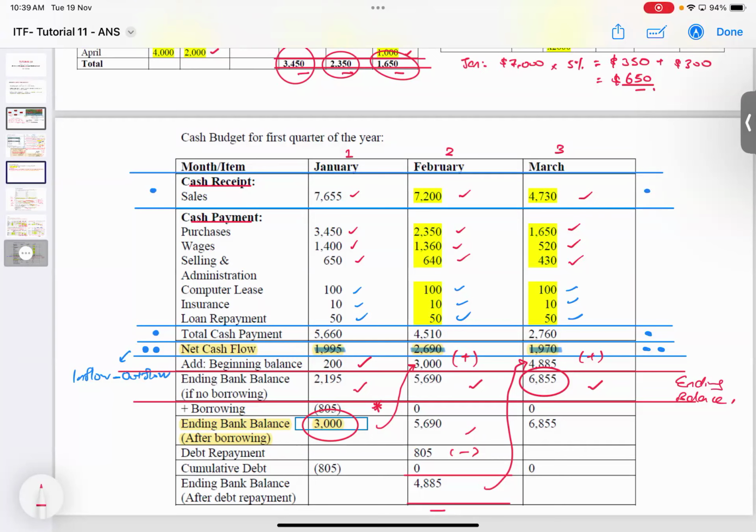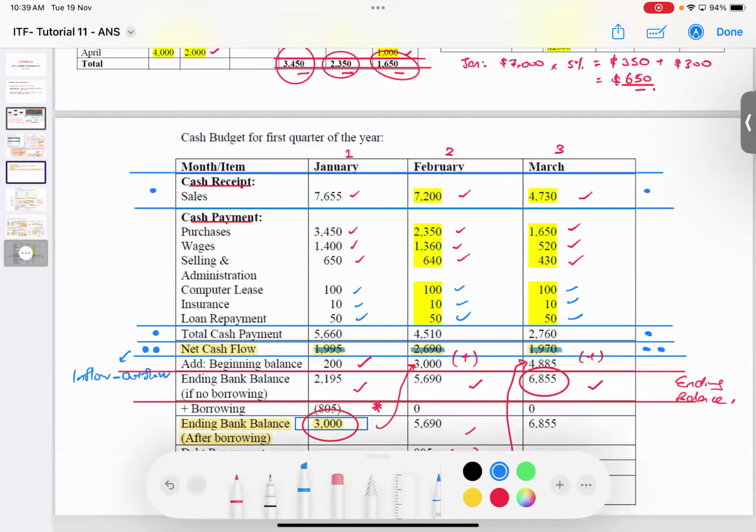So remember, in your cash flow, I would like to have the opening balance and the ending balance.